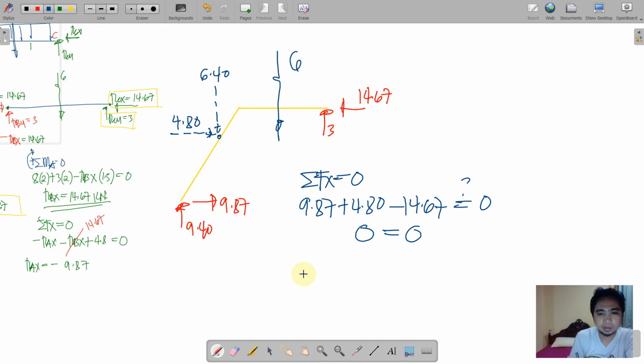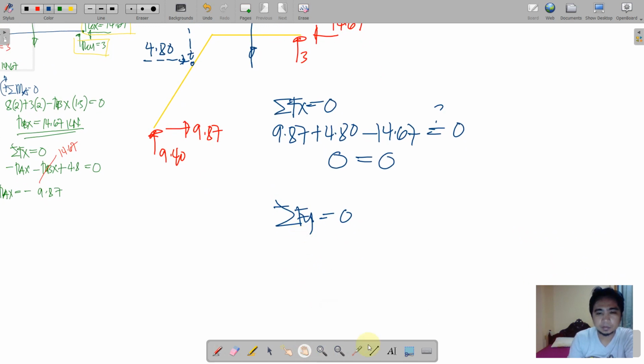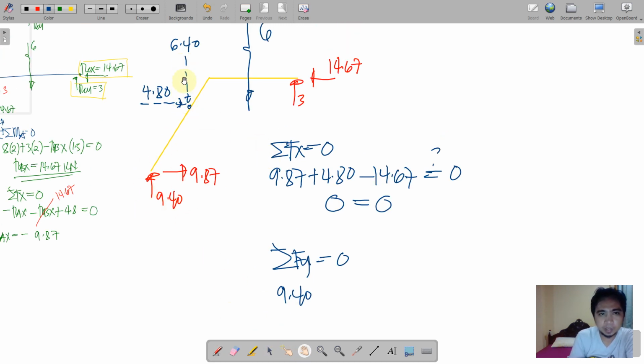Next, summation forces along y is equal to 0. So we have 9.4 going up minus going down, that is 6.4, and then going down 6, going up 3, and no more vertical force.